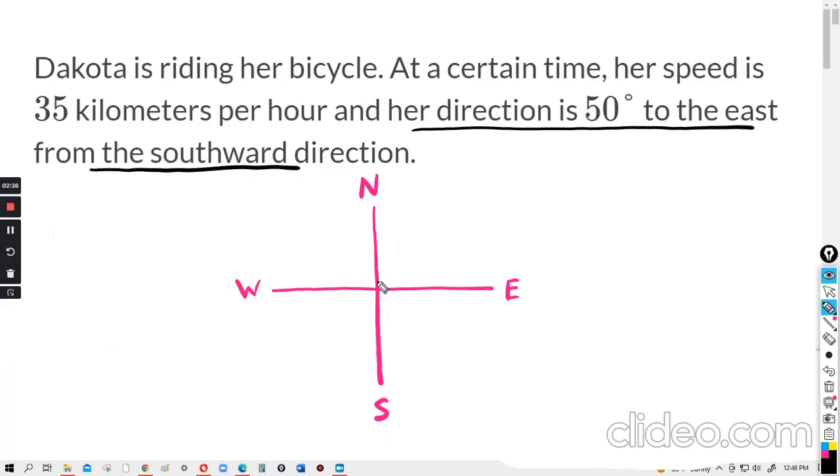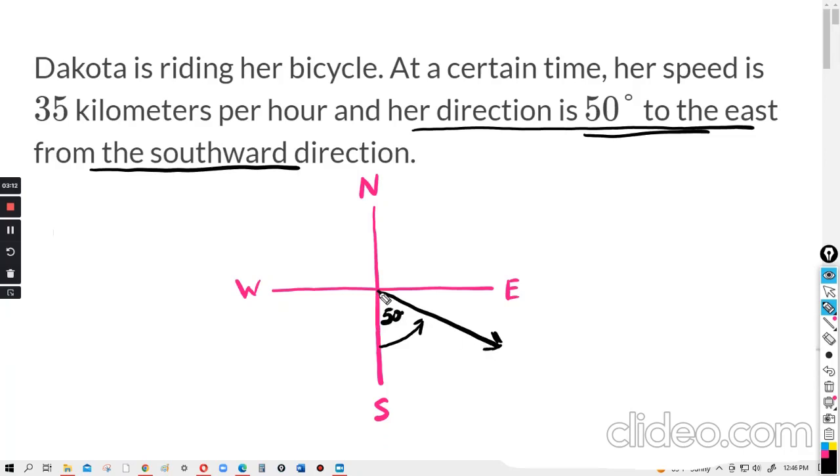So if we started in the southward direction and went 50 degrees to the east, the angle would be 50 degrees from the south. You start from the south and you go 50 degrees in the eastward direction.